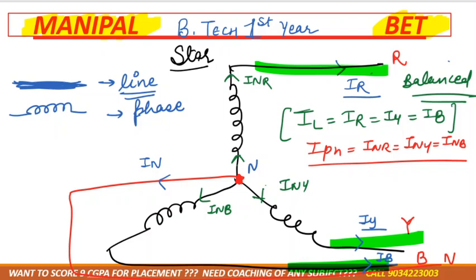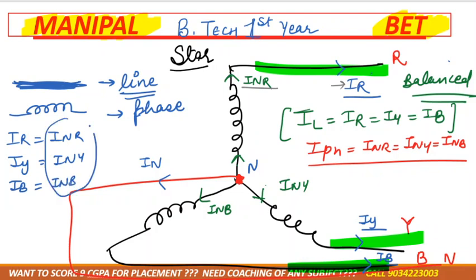In this case, as you can see, between INR and IR the current is not diverting. So can we say that IR would be equal to INR? Similarly, IY would be equal to INY, and IB is equal to INB. So wherever we are getting the N, that means this one is the phase current. Why phase?